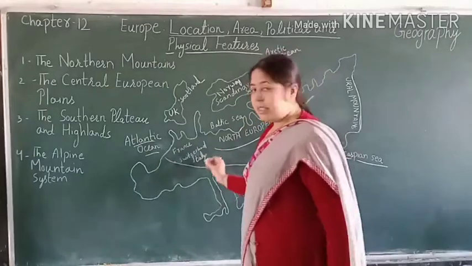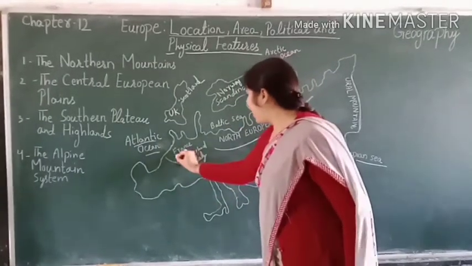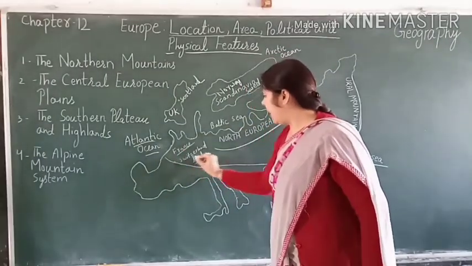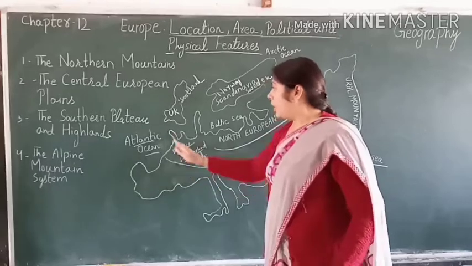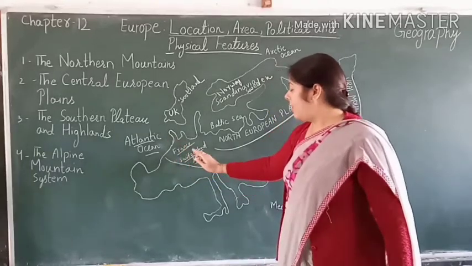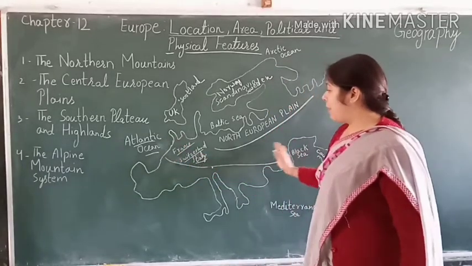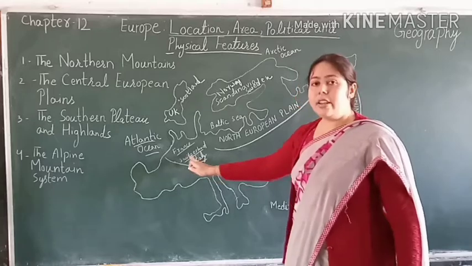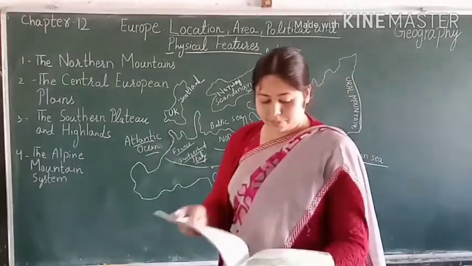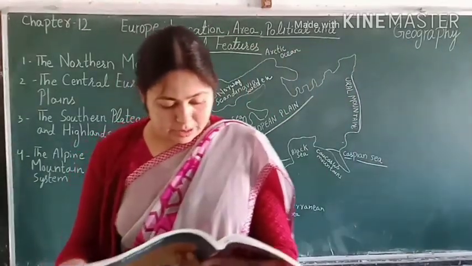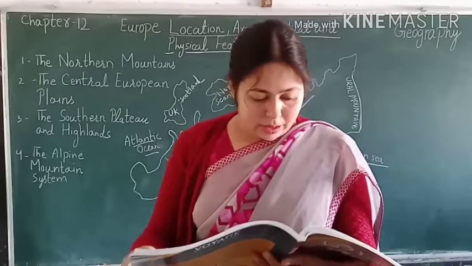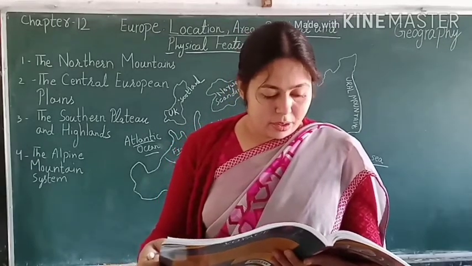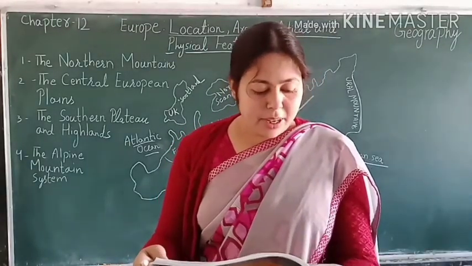You can see in this image, here is France and here are Italy and Switzerland. So this mountain range is like an arc which separates France from Italy and Switzerland. Mount Blanc is the highest peak in the Alps.